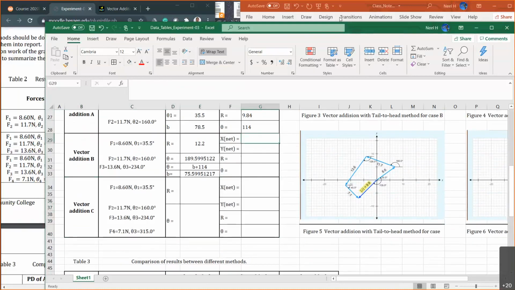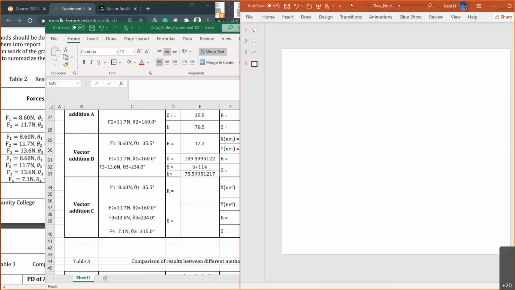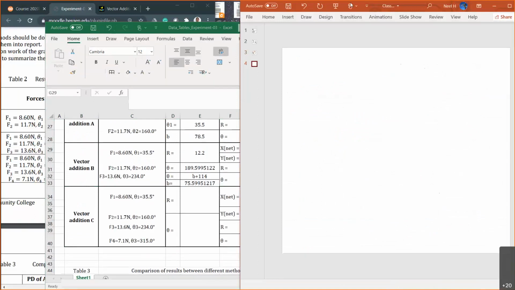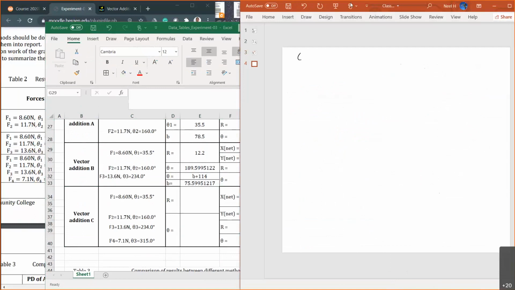Let's take a look at the component method for this one. Component method, now still case B. Case B component method. To do the component method, you can have any number of vectors, doesn't matter. First, draw the diagram.